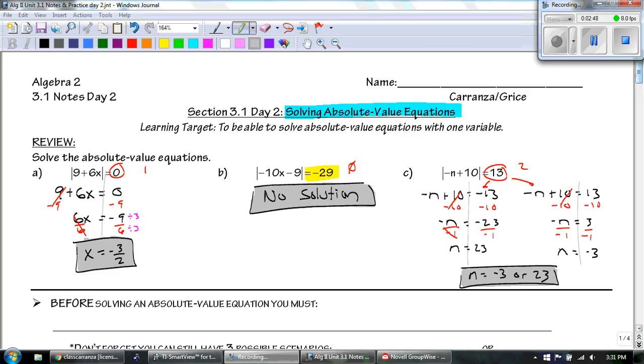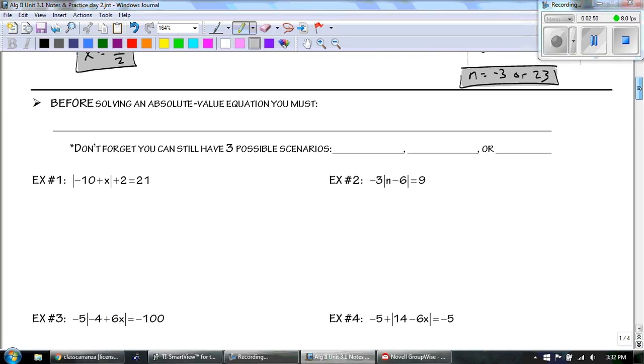Okay, so what we're going to be talking about today is just more complex equations. So before we start solving an absolute value equation, you must cancel all operations outside of the absolute value.